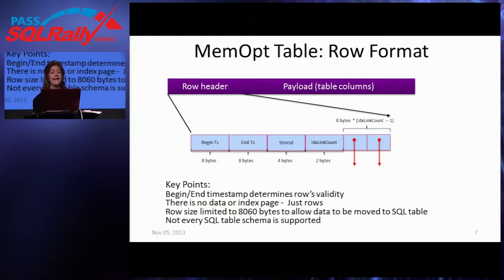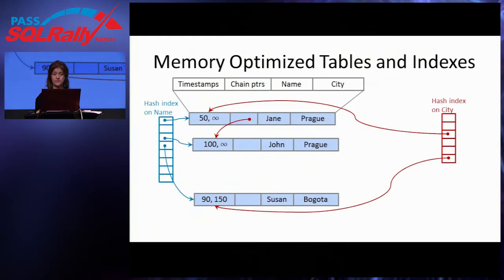And then there's a set of 2-byte pointers, which are the index pointers. There's 2 bytes that say how many pointers are in this row, and then up to 8 of them are possible. 8 is the upper limit of indexes in the current design that we can have on a memory optimized table.